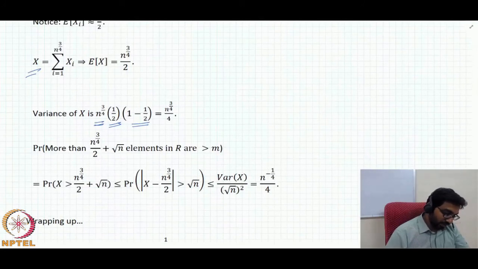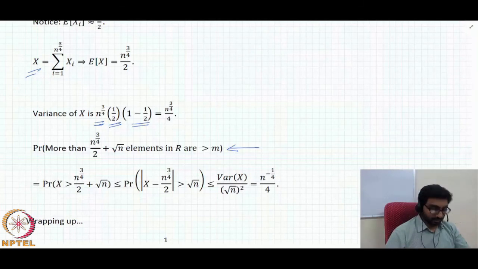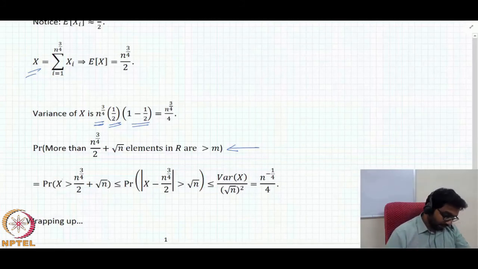That's the probability we have over here, and it can be phrased using the notation that we have built. That probability is equal to the probability that the random variable X is greater than n to the 3/4 divided by 2 plus square root of n.